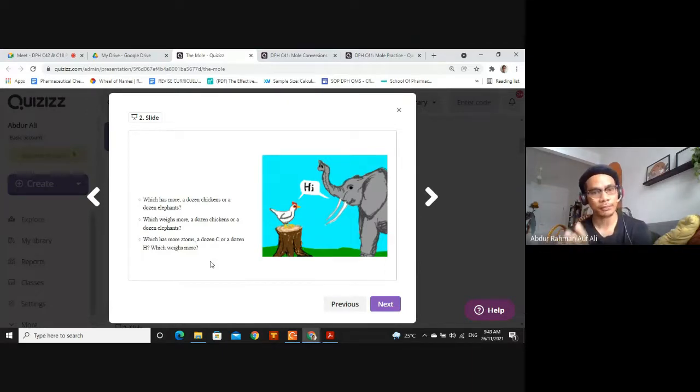A dozen carbon atoms weighs more than a dozen hydrogen atoms. So this is the link I want you to build, to imagine in your head when we talk about the mole. Why do we use the mole?